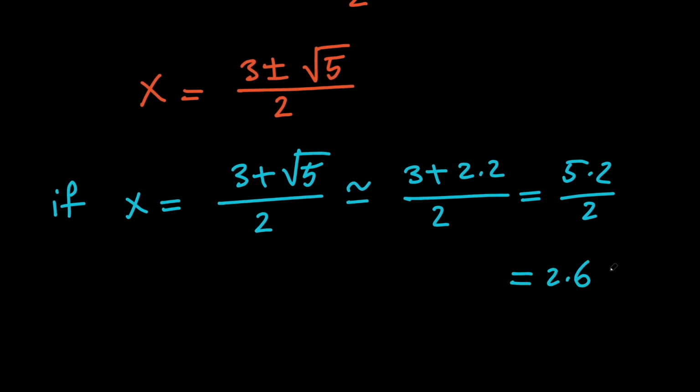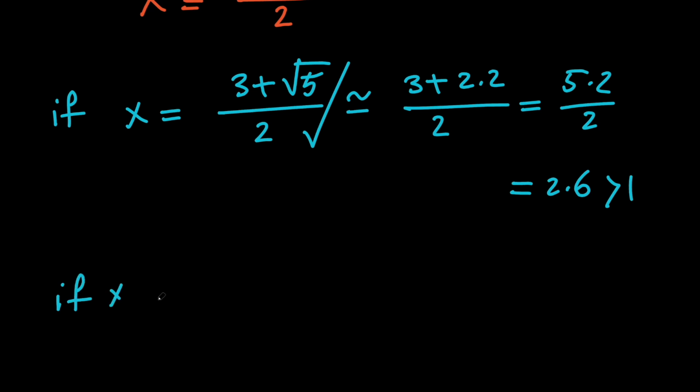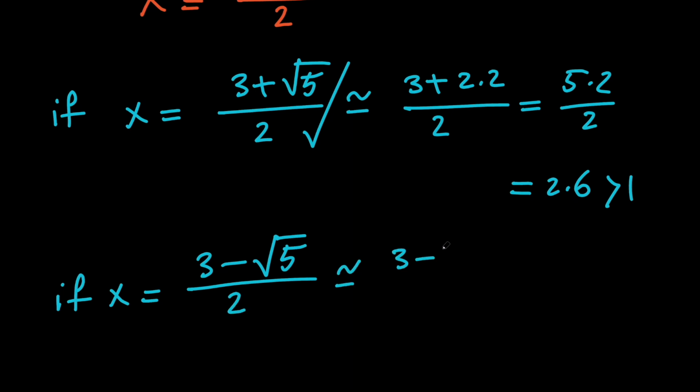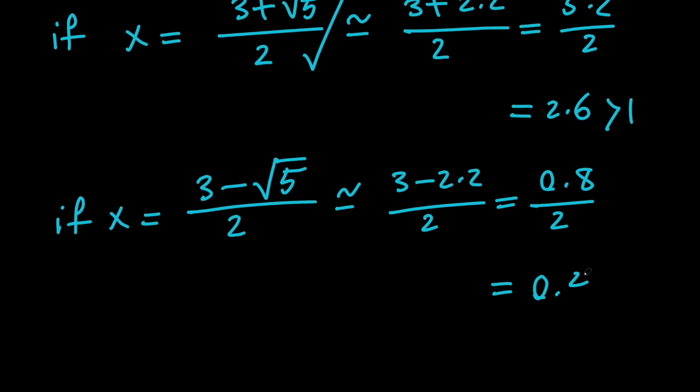And 2.6 is greater than 1, therefore this is a valid solution. But if x equals 3 minus square root of 5 divided by 2, this is going to approximately equal 3 minus 2.2 divided by 2, which equals 0.8 divided by 2, which equals 0.4. And 0.4 is not greater than 1. Therefore, this is not a valid solution.